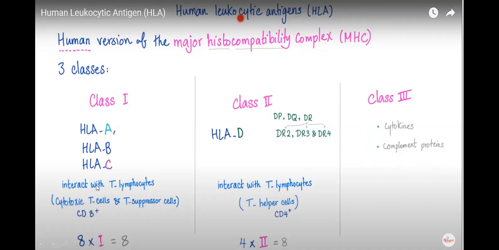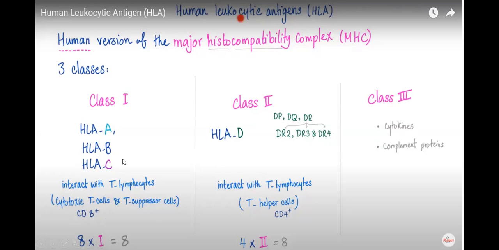Both class 1 and class 2 have the purpose of helping the T cells, that means T lymphocytes. But which class helps which T lymphocytes? Class 1 helps the cytotoxic or tumor suppressor TC cells. Class 2 is associated with T helper cells, which help in B lymphocyte recognition or crosstalk with the B lymphocyte.